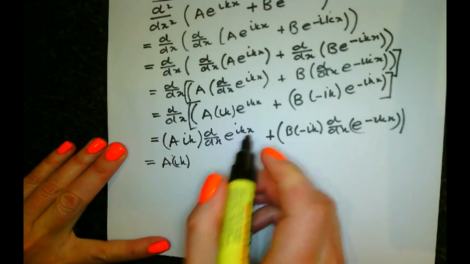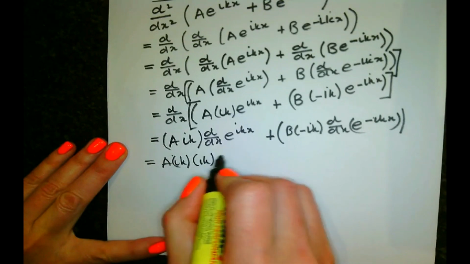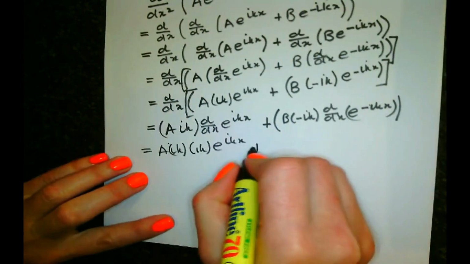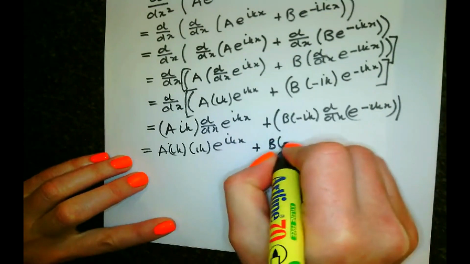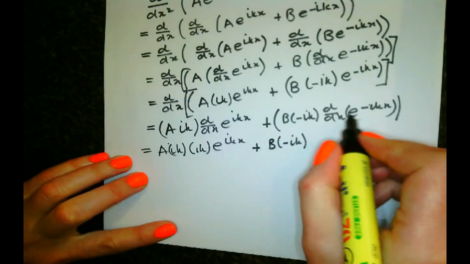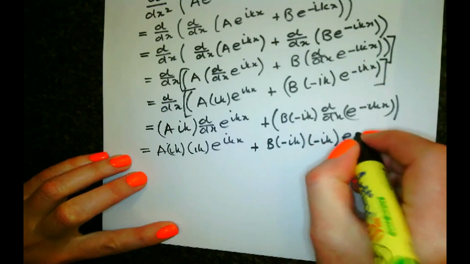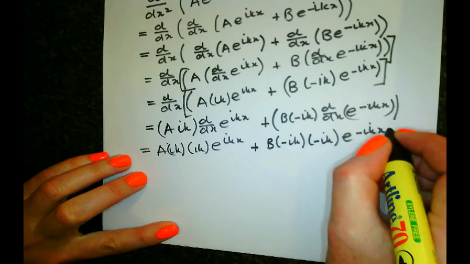d/dx of e to the ikx is ik e to the ikx. d/dx of e to the minus ikx is minus ik e to the minus ikx.